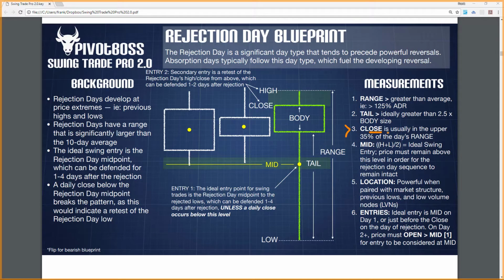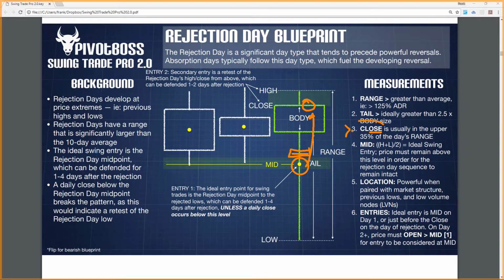Another point of emphasis is the close price. The close price is usually in the upper 35% of the day's range, so in the top third of the day's range. If price had closed, say, just above the midpoint, it's not that good. It's not as strong. You want price to have rejected away from that point and closed much higher.